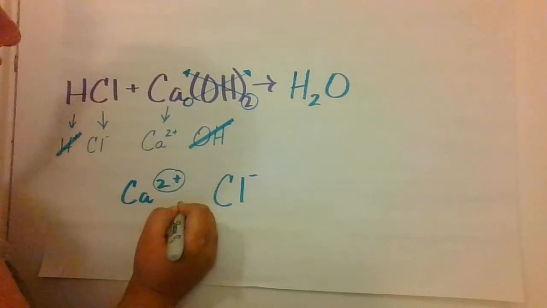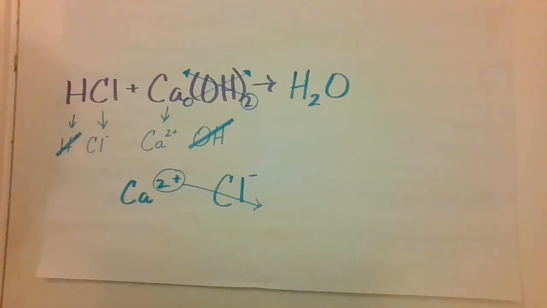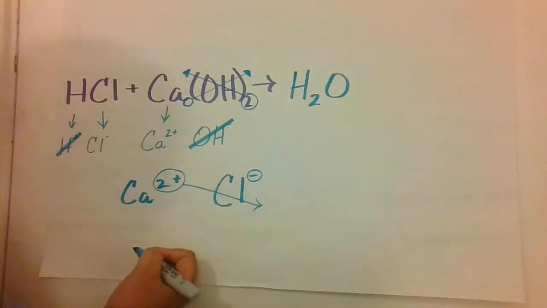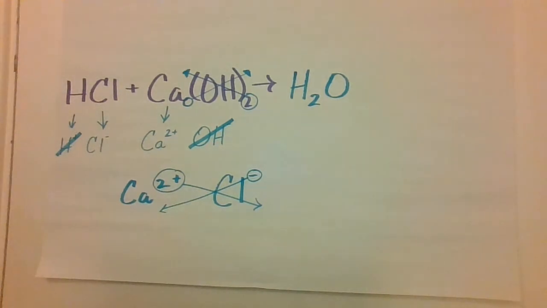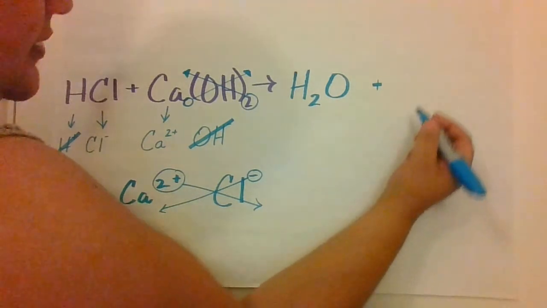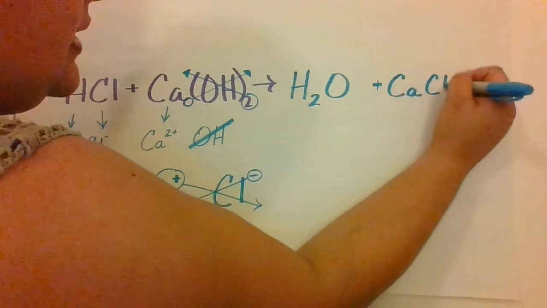We take that 2+ charge and send it to be associated with the subscript for chlorine. We take that -1 and that charge is now going to go there. So let's combine this cation and this anion. We know we're going to have H2O plus CaCl2.